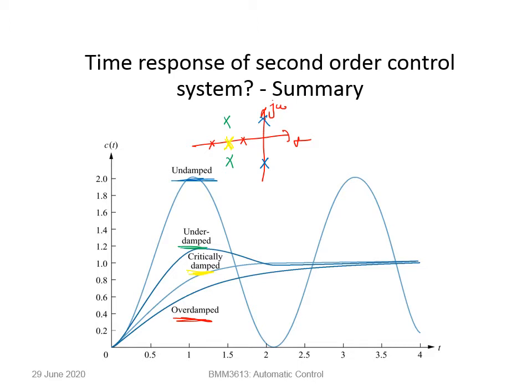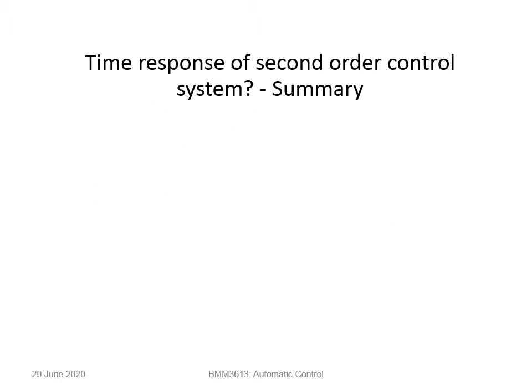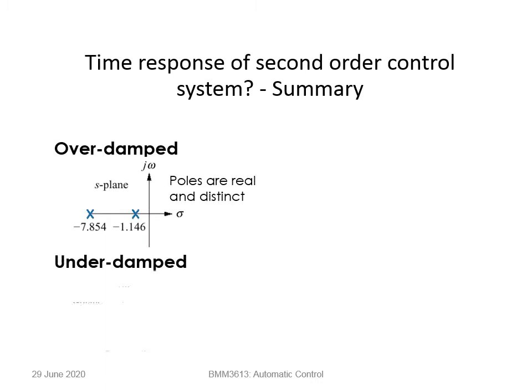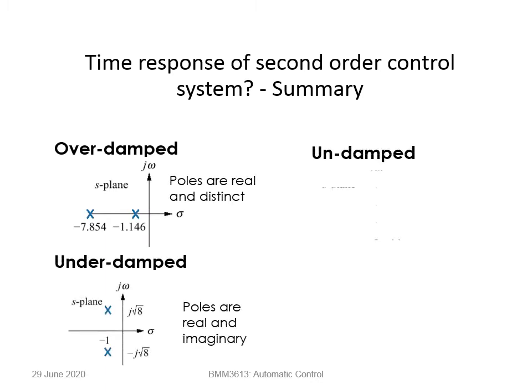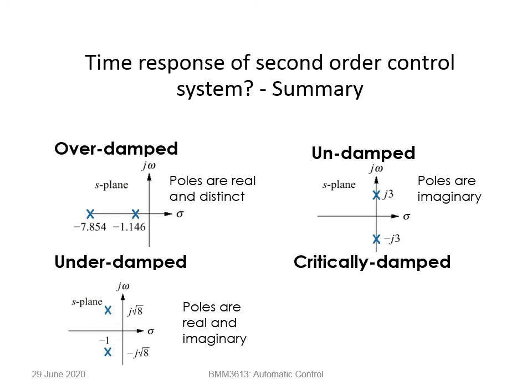So this first description of the types, or characteristics, of second order time response was done in relation to the position of the poles. This is again the repetition of what we said just now. Overdamped for this position of poles.